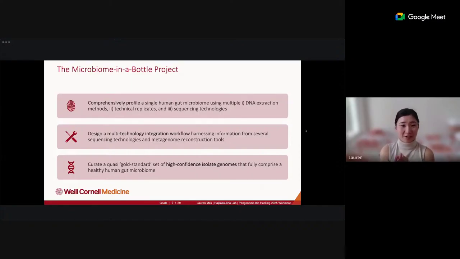high confidence isolate genomes that fully comprises the healthy human gut microbiome it came from. So having all of these three things, the data, the workflow, and the quote unquote answer key, will hopefully help us to benchmark future metagenomics tools, as well as provide a resource for lay people to study, and for other researchers to study these technologies and what their strengths and weaknesses are.